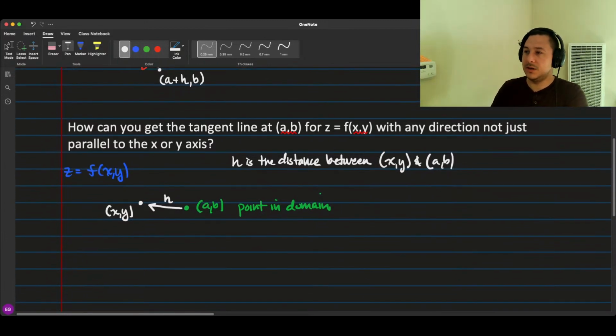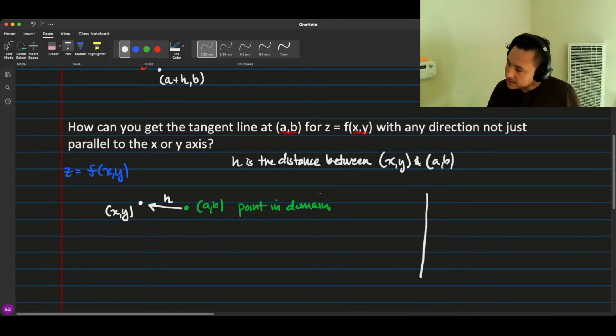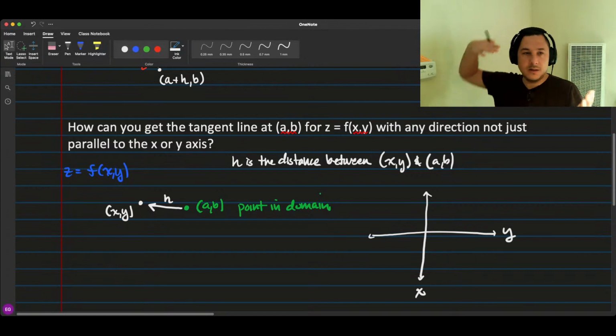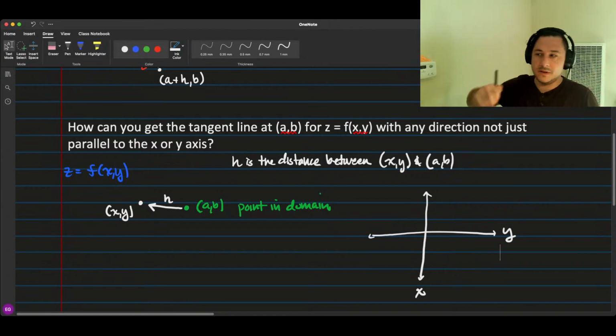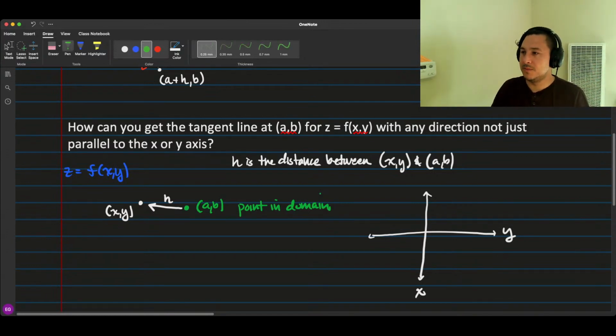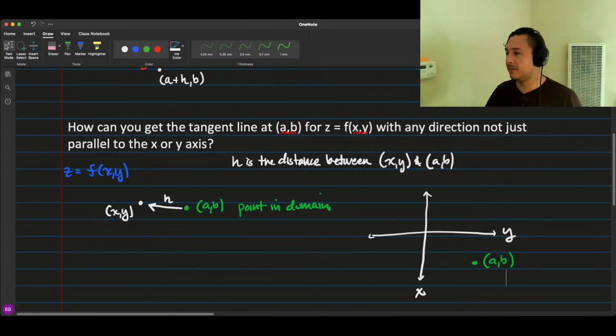Actually, I need to show us a top-down view of this. So this is going to be the xy plane viewed from above. So this point a comma b, let's say it's right here. Hopefully it makes sense to everyone that we're viewing the xy plane from above.